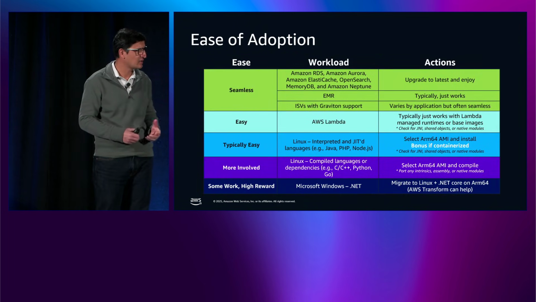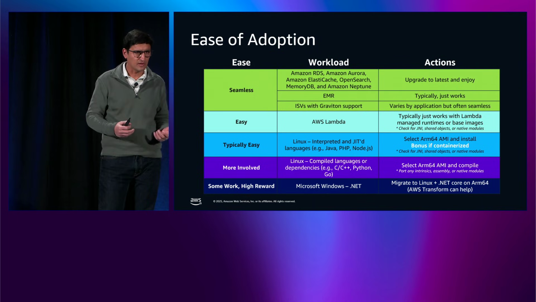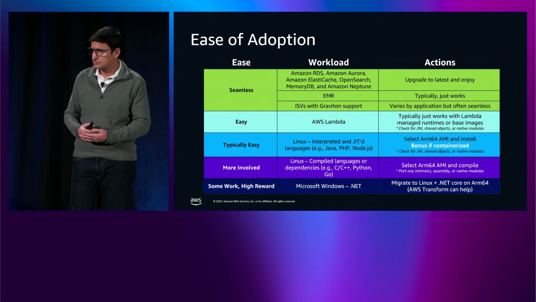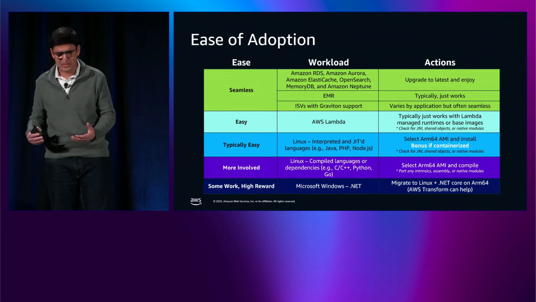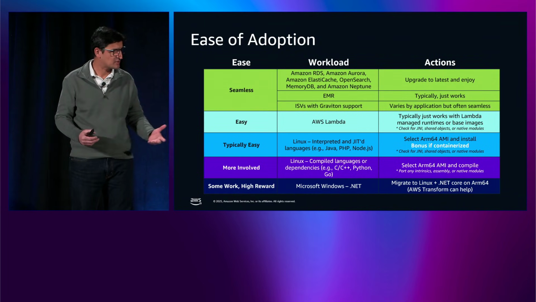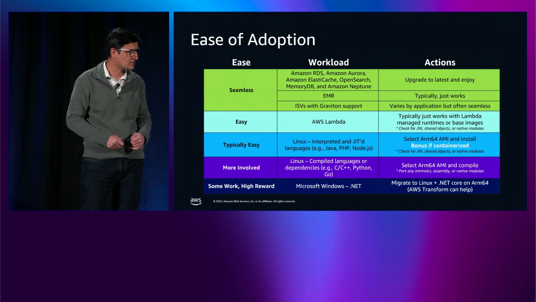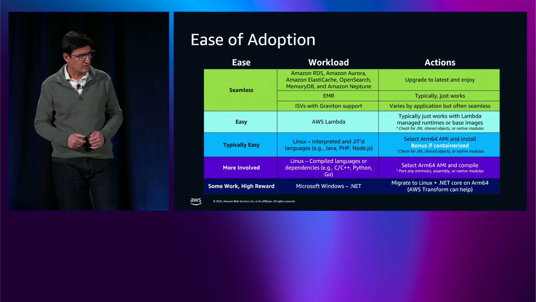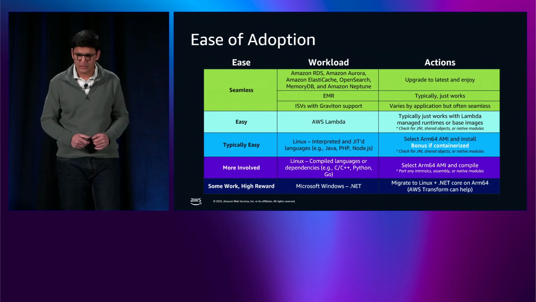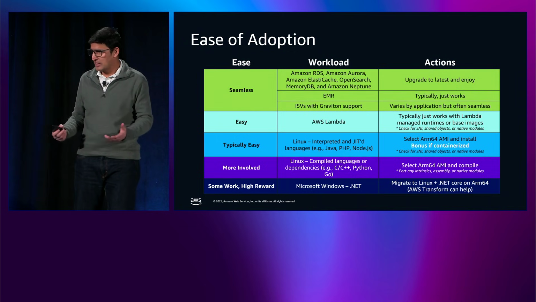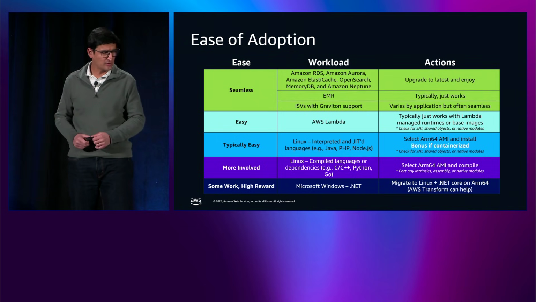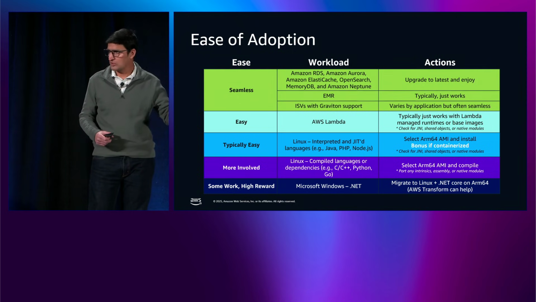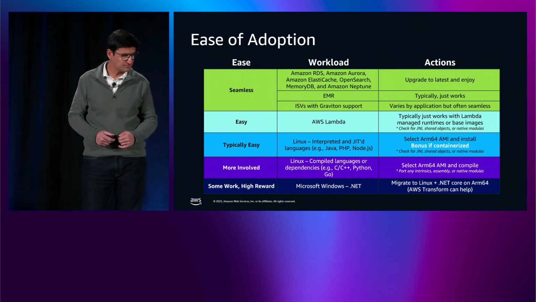Another way to think about the migration to Graviton is you can start with the low-hanging fruit. The easiest and most seamless way, as I mentioned earlier, is to use an AWS managed service, like RDS or Aurora or MemoryDB. EMR is another good one. All of these already support Graviton, and they manage the Graviton infrastructure. So all you have to do is upgrade to the version that supports it and derive the price performance benefits that Graviton offers.